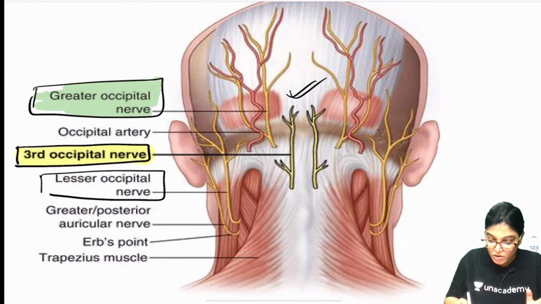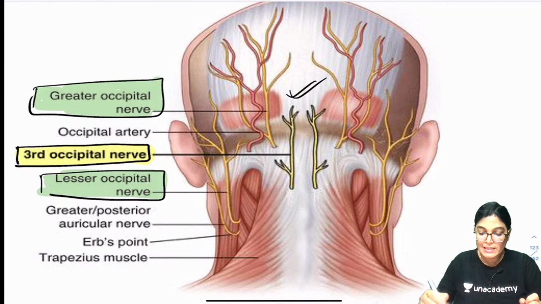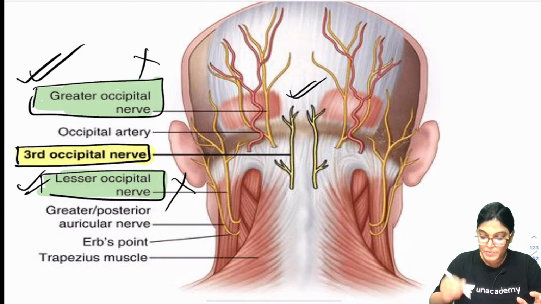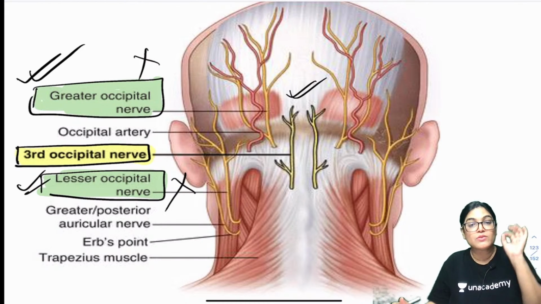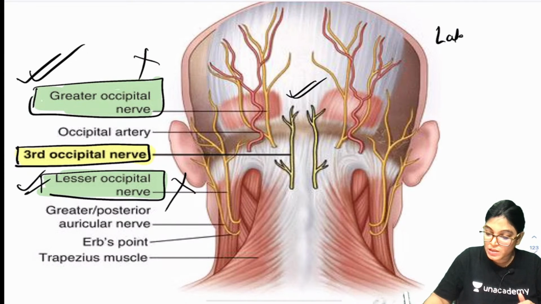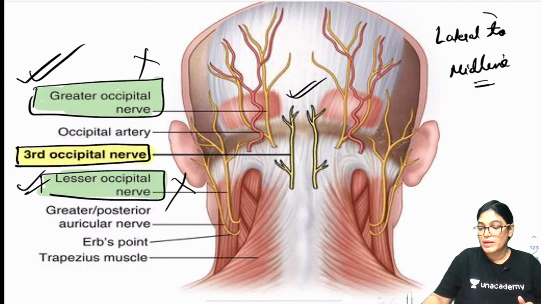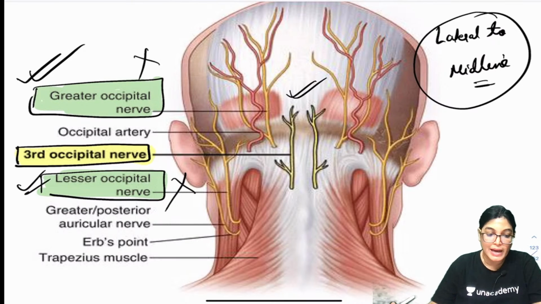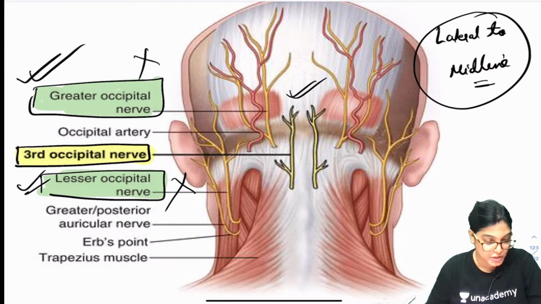If you look at the innervation given by the greater occipital nerve and the lesser occipital nerve, you will see it is not exactly in the midline, it is slightly lateral. So the cutaneous innervation by these two nerves is lateral to the midline, and this is the reason they will not be affected and will not be involved in the patient.